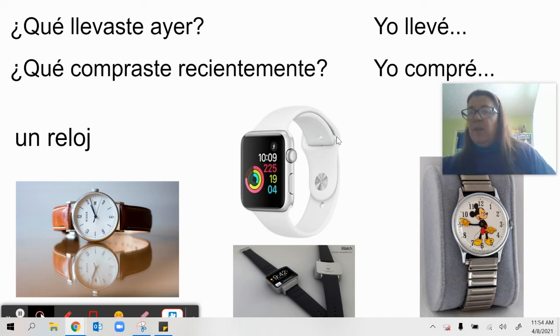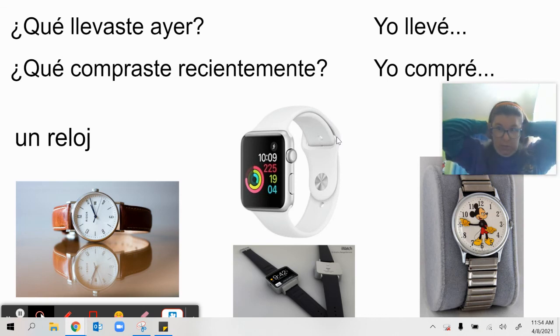Think. Also, have phones become so ubiquitous that we don't need watches anymore? Un reloj. It's the same as clock. We learned that back in Spanish 1 when we were learning school supplies and objects in a room. So, un reloj.